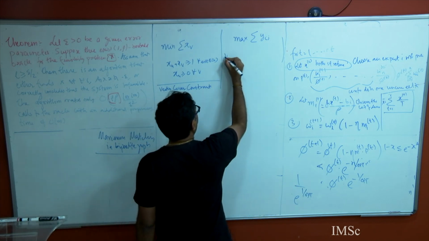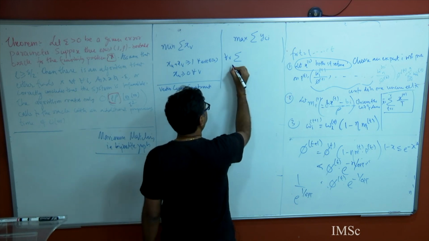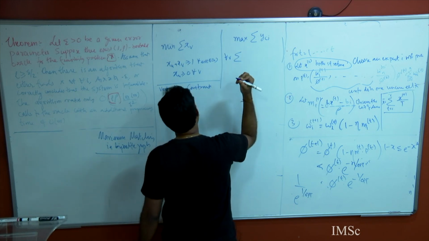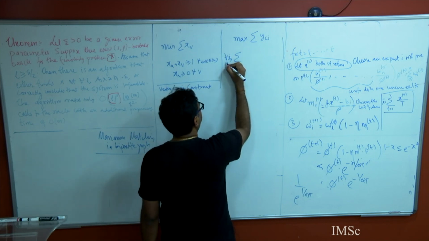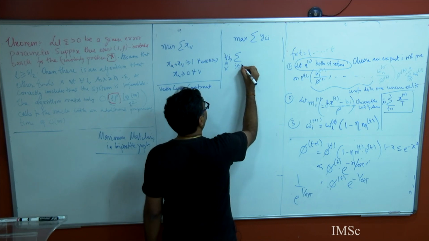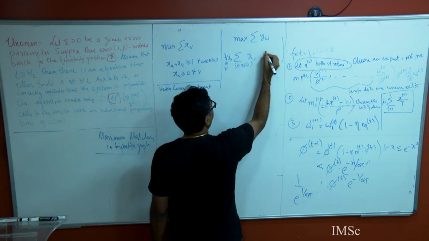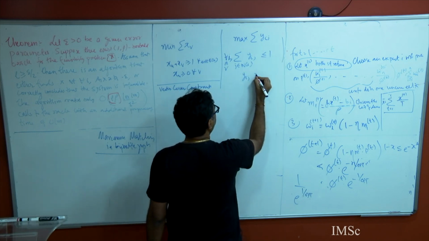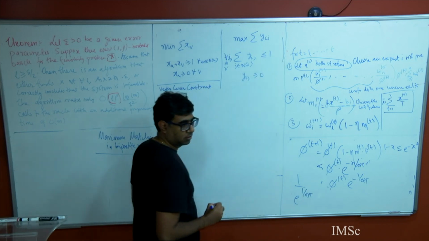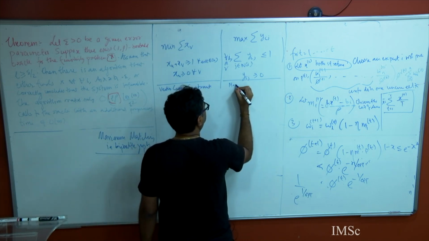So for all i in the vertex set, the summation over j in the neighborhood of i of y_ij should be less than or equal to 1, and y_ij is greater than or equal to 0. This is like the max matching constraint.